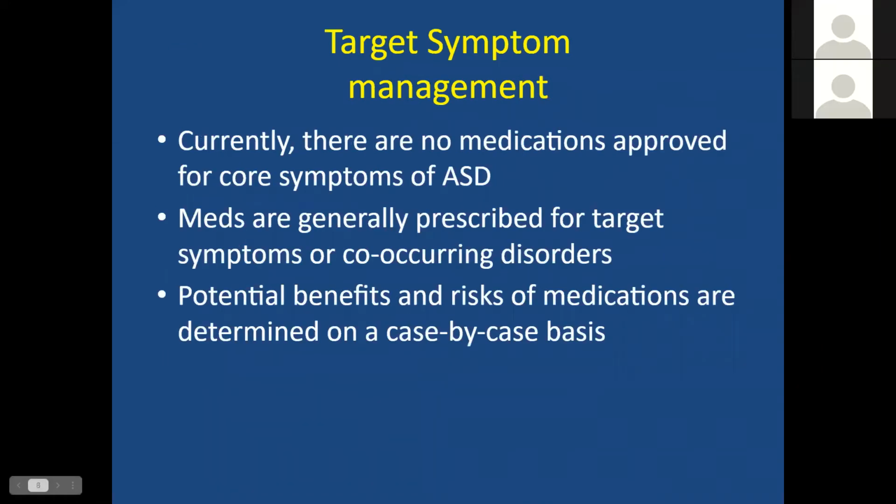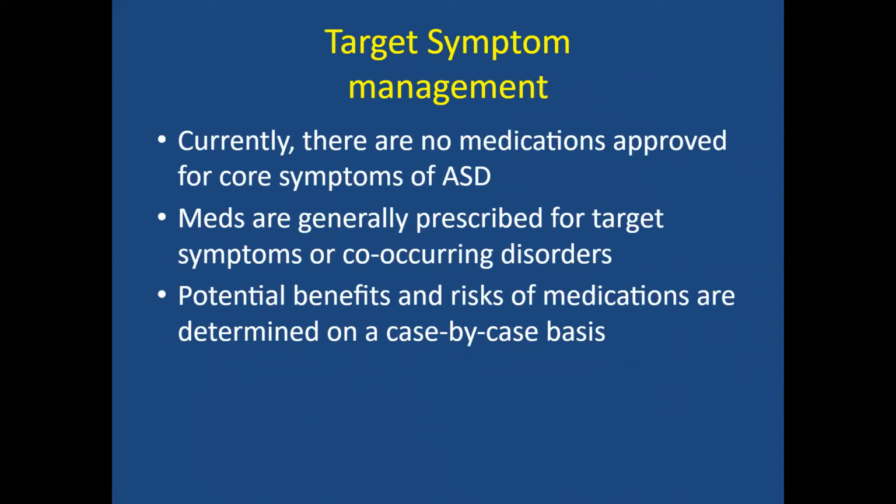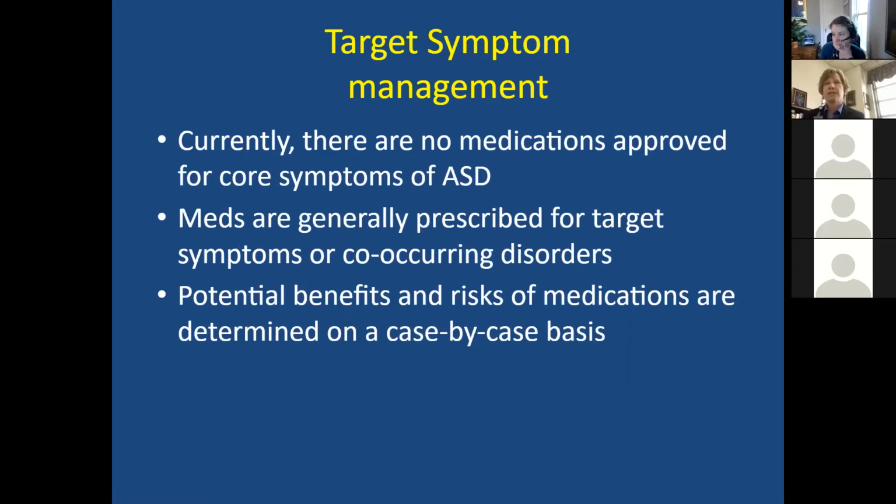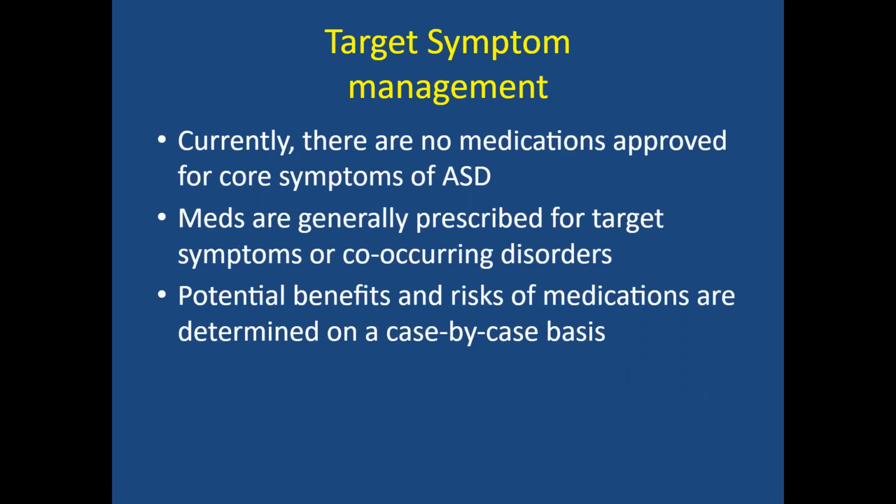So, target symptom management. Currently, there are no medications approved for core symptoms of autism, and Dr. Hastings made the same point. Even the two medications that are FDA approved are approved for the treatment of irritability associated with autism.